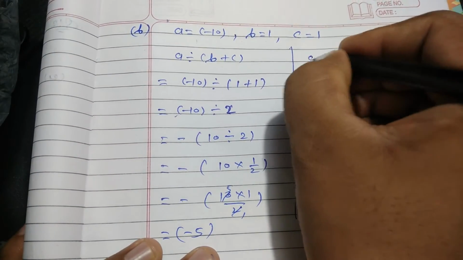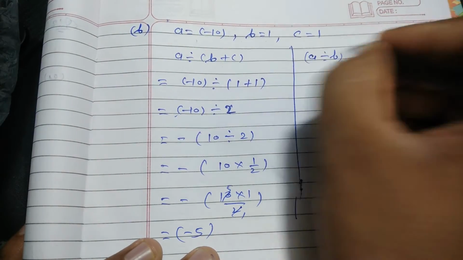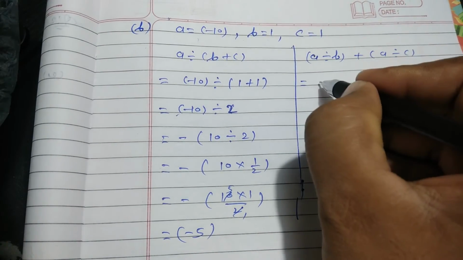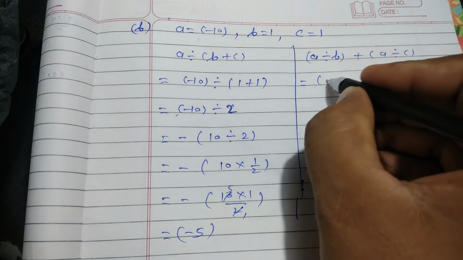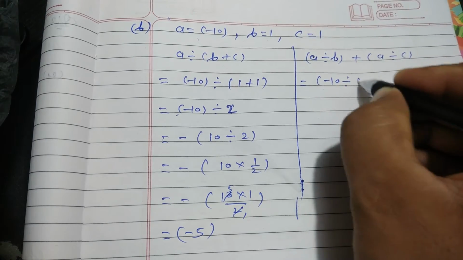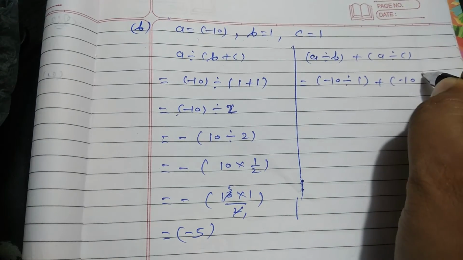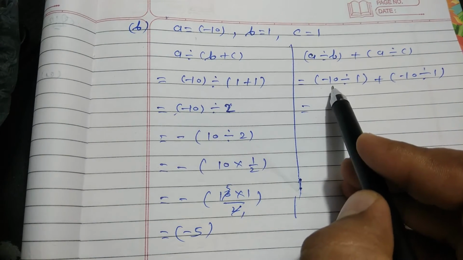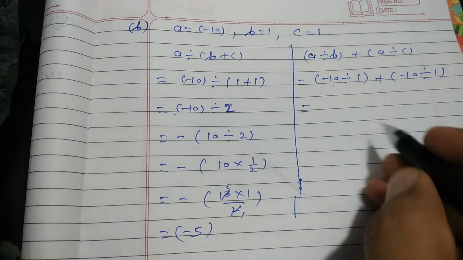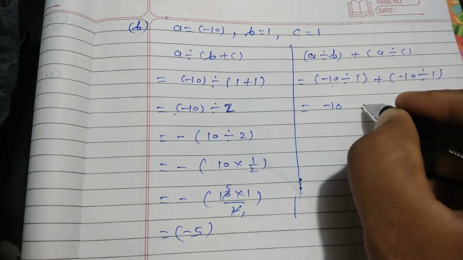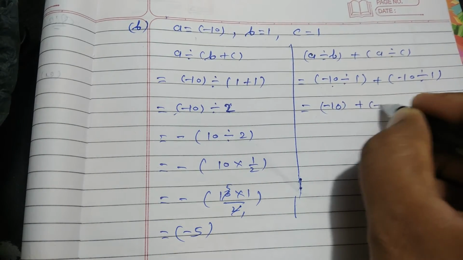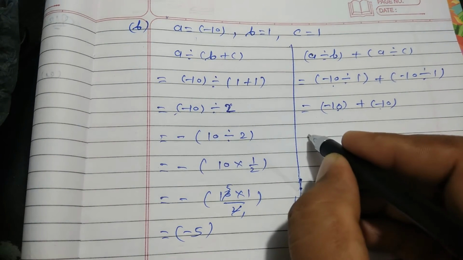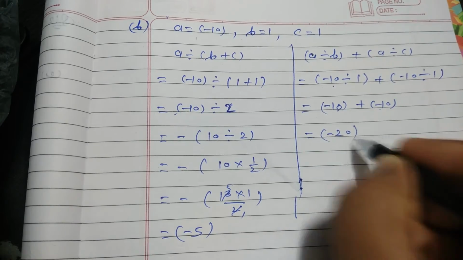There is A divided by B plus A divided by C, that is equal to, put the values of A, B, C: minus 10 divided by 1 plus minus 10 divided by 1. And as we know that any integer divided by 1 we will get the same integer, so here it is minus 10 plus minus 10. Minus 10 plus minus 10, that is 10 plus 10, 20, and the minus sign, that is minus 20.